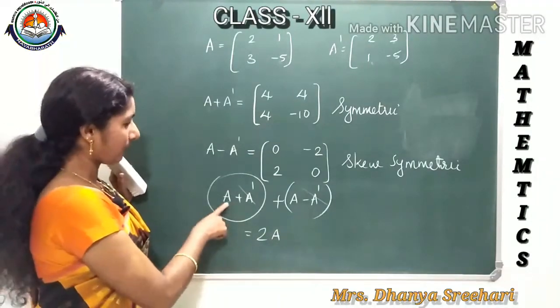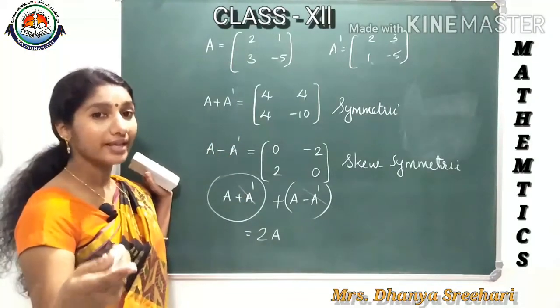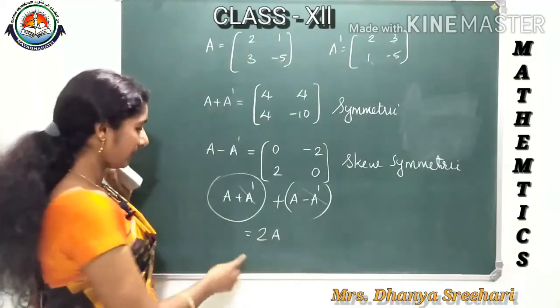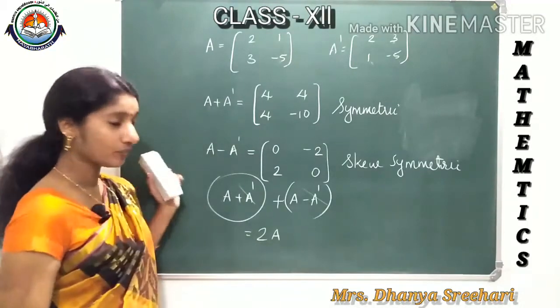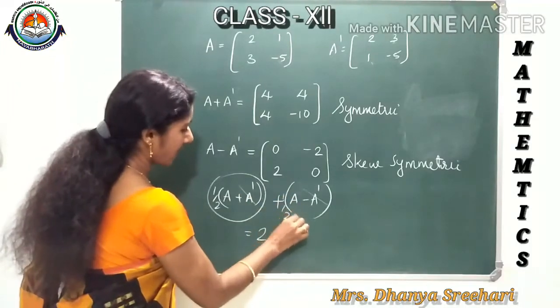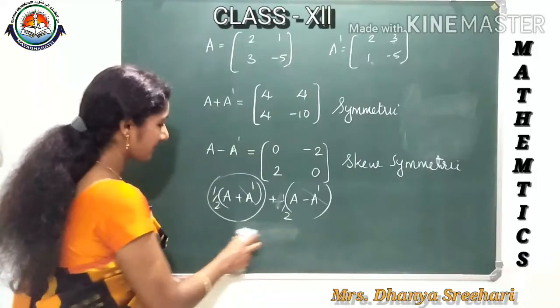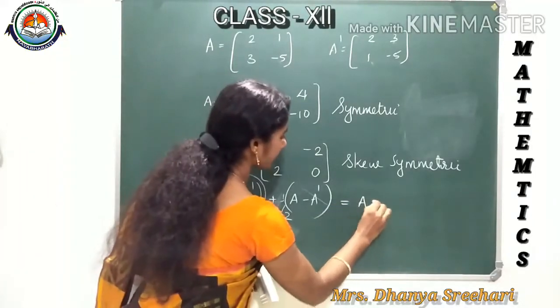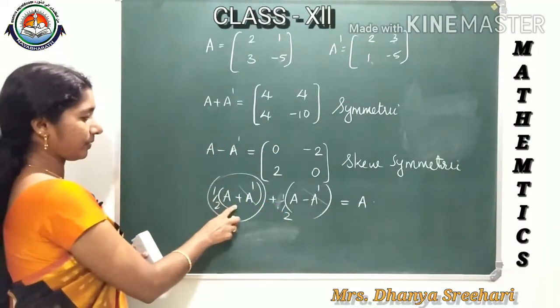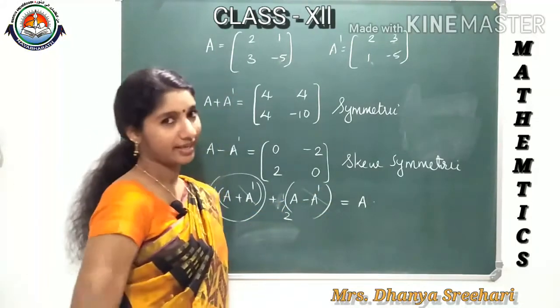So A plus A transpose plus A minus A transpose is always double of A. So to get A, we need to find half of A plus A transpose plus half of A minus A transpose. This is equal to A. Half of A plus A transpose plus half of A minus A transpose, always we will get A.